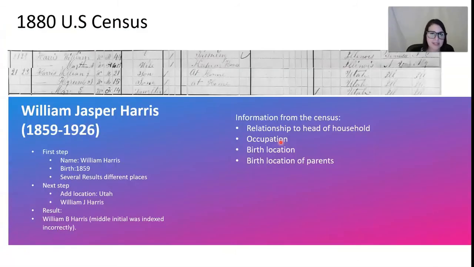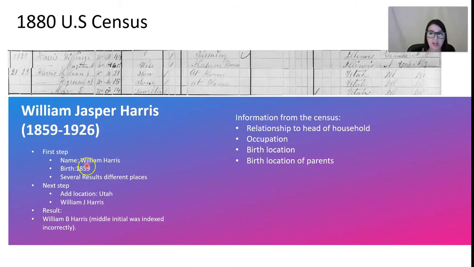The 1880 census is where we start to see the relationship. So the very first thing I did was I typed in William Harris with his birth, 1859. Once again, there were several results in different places.